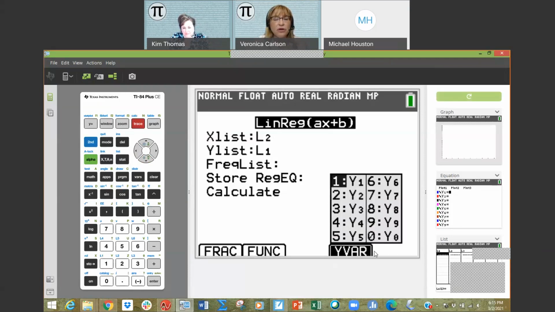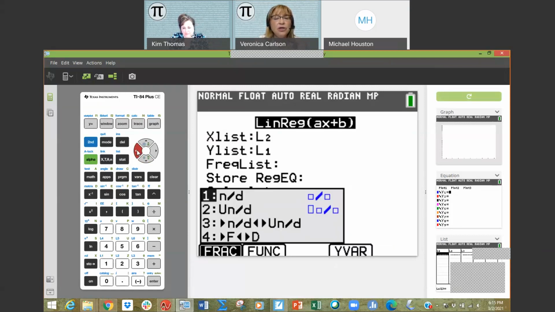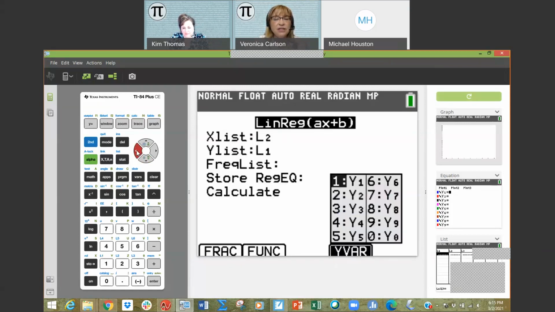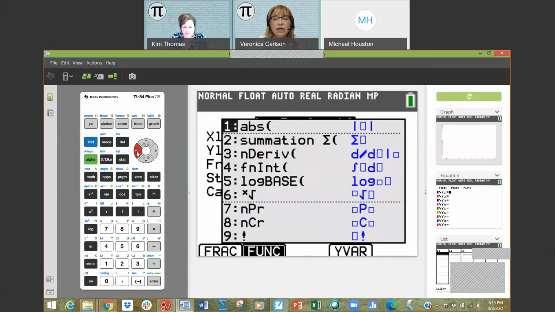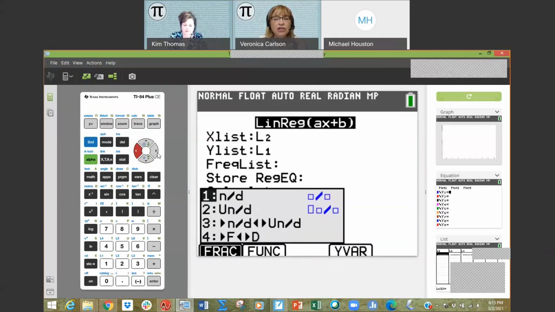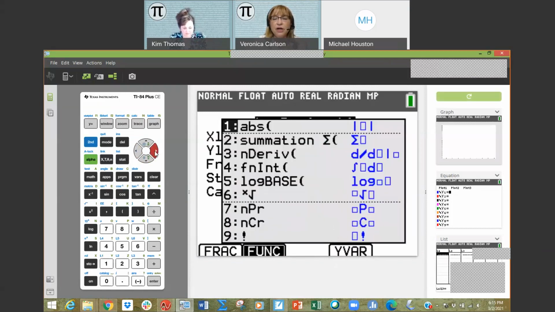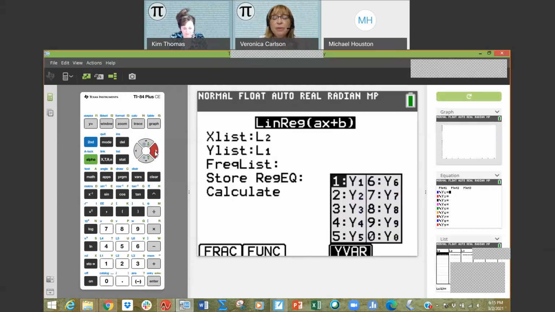I can get to my Y vars. If for some reason you forget that that's the case, you can use the arrow keys to find out what it is that you want. What template are you looking for? There's your fractions, there's your functions, and there's my Y vars. I'm going to go ahead and put it into Y1.